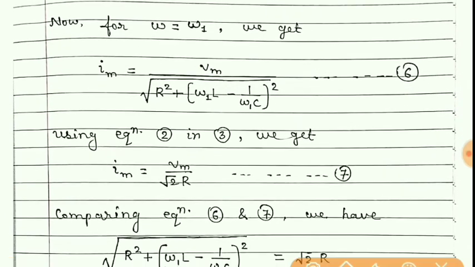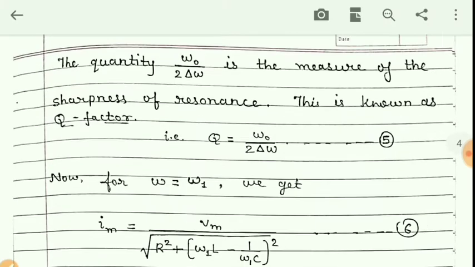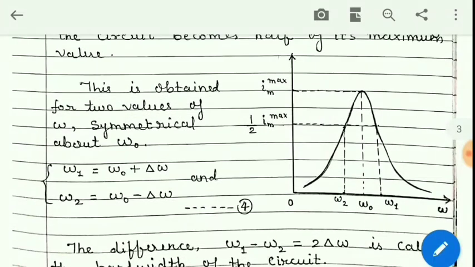So students, this is not a new equation for you. Simply in place of omega we have kept omega 1. You can see from the graph which value we are putting: we are putting omega 1.